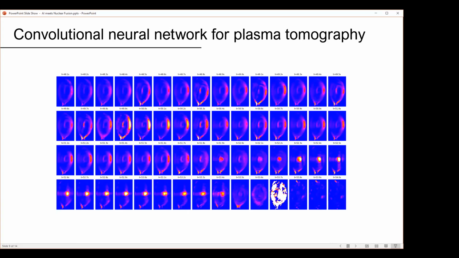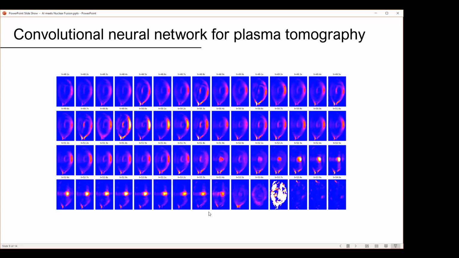And then suddenly some things start to become visible, some things that were not very apparent before. People were aware that at a certain point in the experiment, there is the development of a radiation blob close to the outer edge of the machine. This was known.